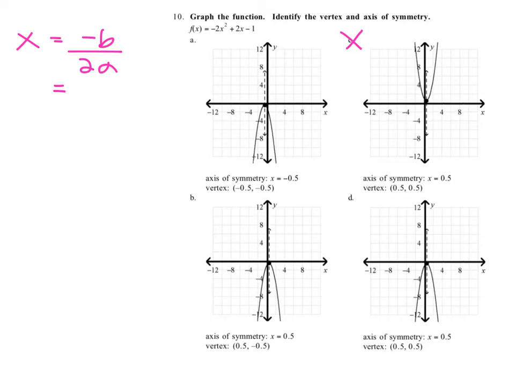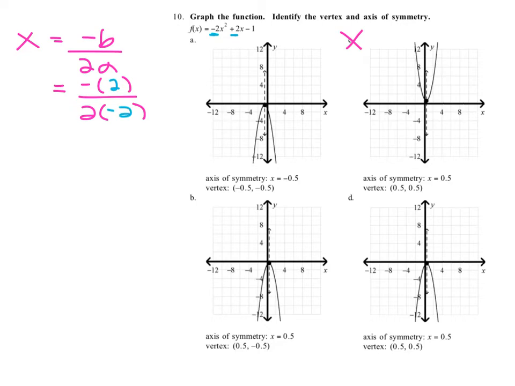And if we identify what a and b are, I'll underline them up here. A is negative 2, b is positive 2. So we say the negative of the b value, which is 2, over 2 times the a value, and the a value is negative 2.